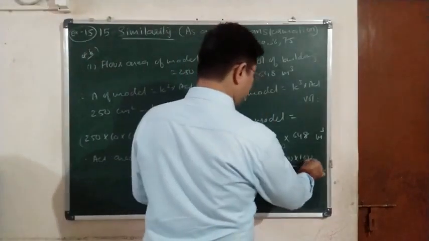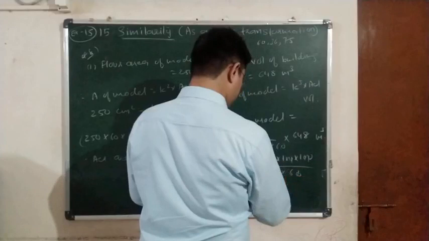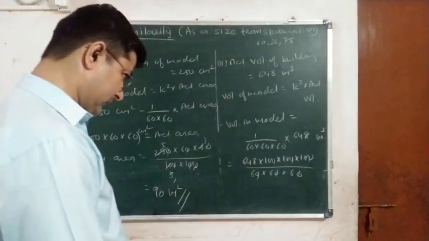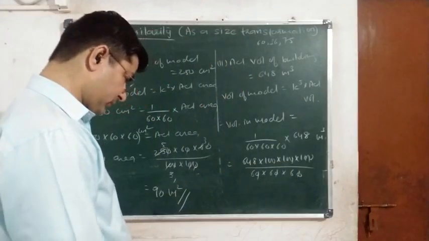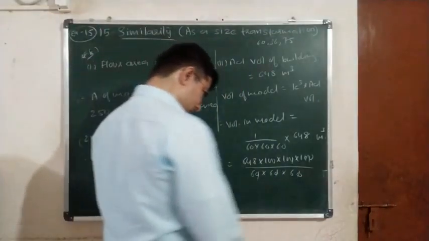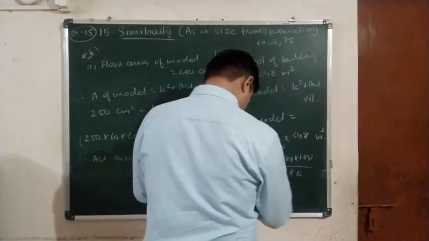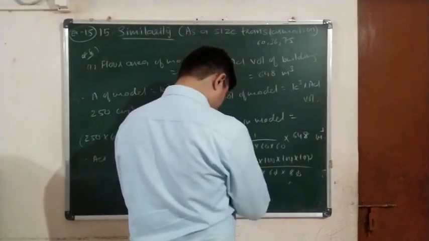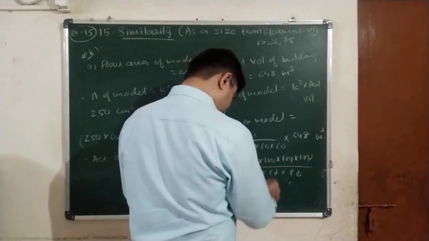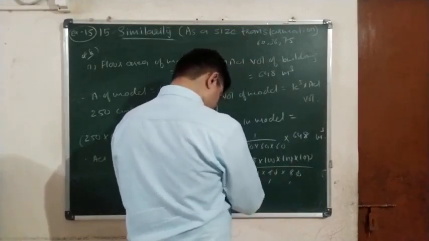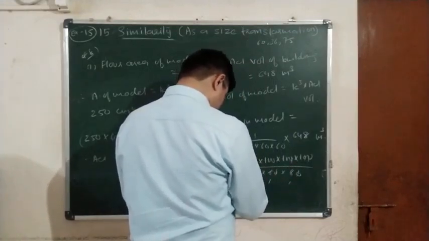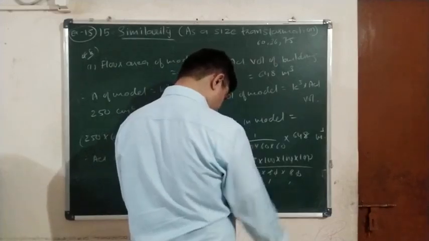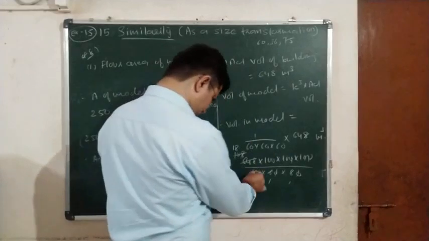So we can reduce by 6, yes or no? Now let us start reducing. Again by 6, again by 6.